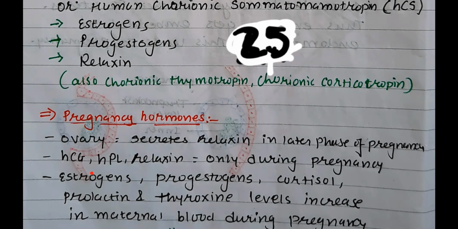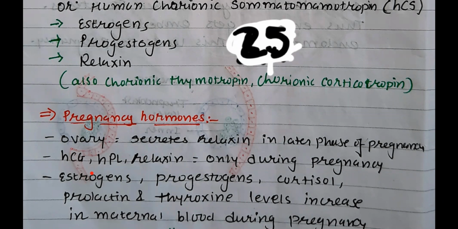So many hormonal changes are taking place in the female at the time of pregnancy. Particularly HCG, HPL and relaxin will be available only during pregnancy. So their presence, in detectable significant amounts in the bloodstream, indicates that the female is pregnant.